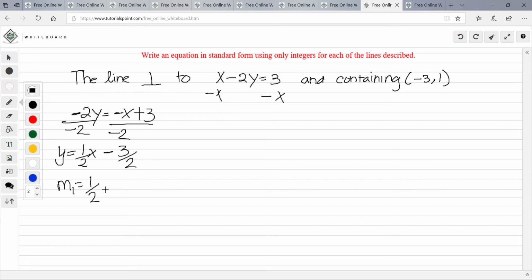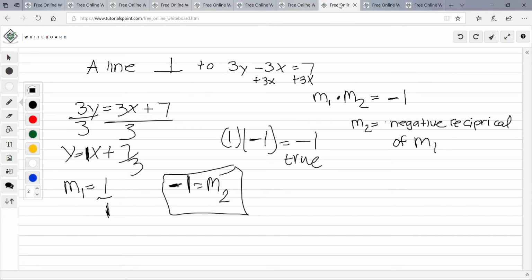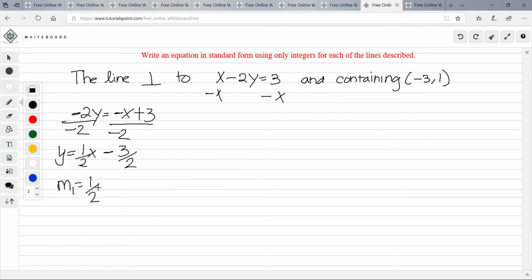Now we need another line that's perpendicular to this one. So what is the rule? Remember from the last problem? You have to find the negative reciprocal of m1. So here's m1. We've got to figure out what m2 is. If you flip 1/2, it would be 2 over 1. But we have to make sure it's negative.